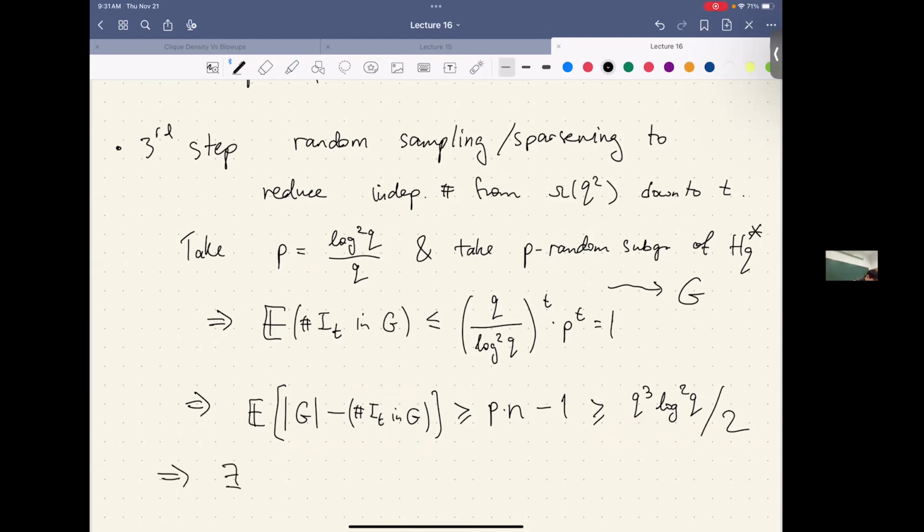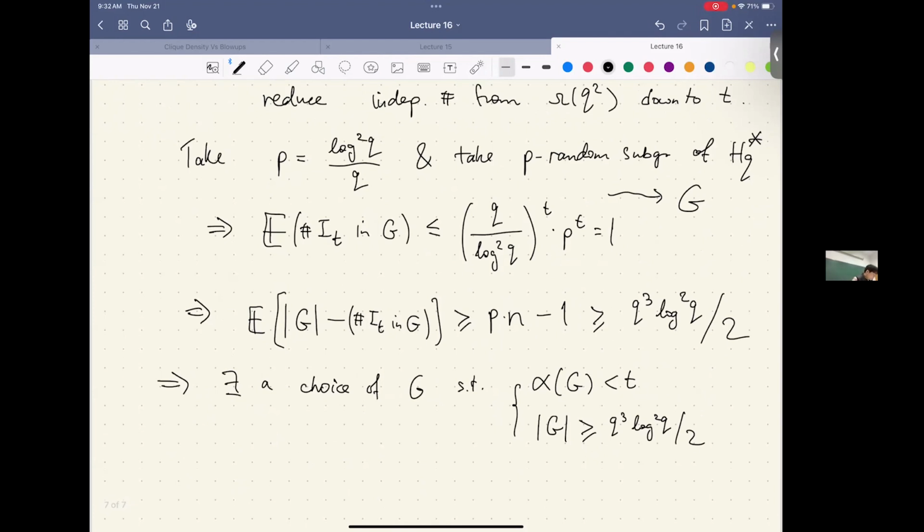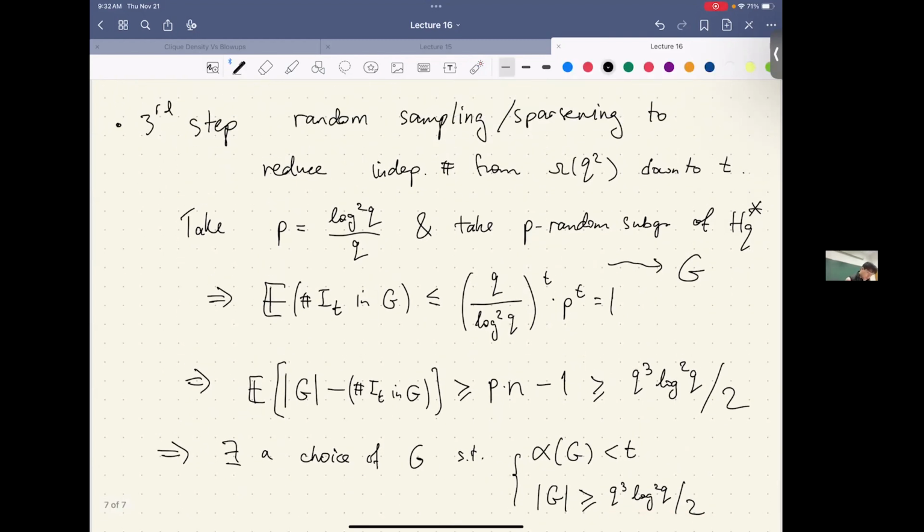So there exists a choice of G such that alpha of G is less than T, and the number of vertices is bigger than Q cubed log Q squared over 2. Okay, this is also a simple first moment deletion. This is it. We are done. The number of vertices is roughly Q cubed. This will be our N.